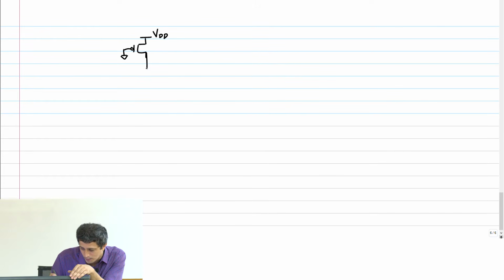Okay. So now I can take this logic further and say, okay, let's say I want a NAND 2 gate in pseudo NMOS.